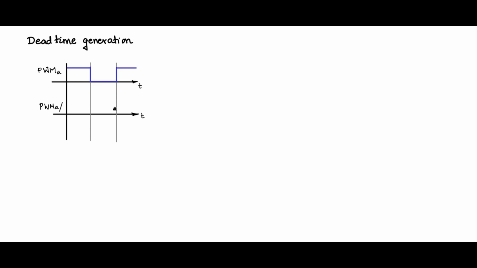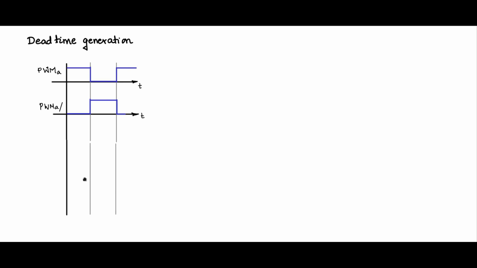PWM A bar is inverted in this fashion, like this. So this is the problem, this point of switch over transition. PWM A is falling low, PWM A bar is going high.